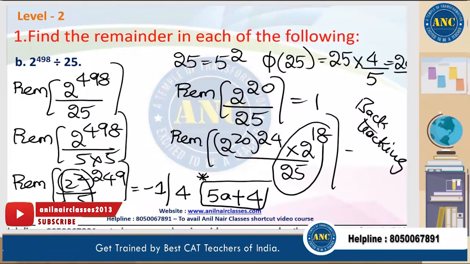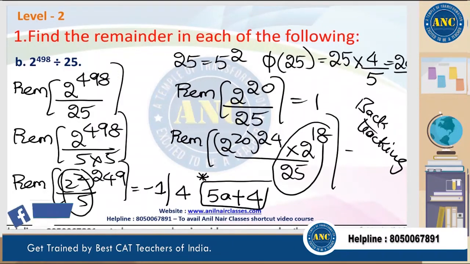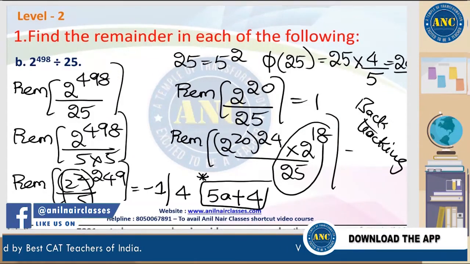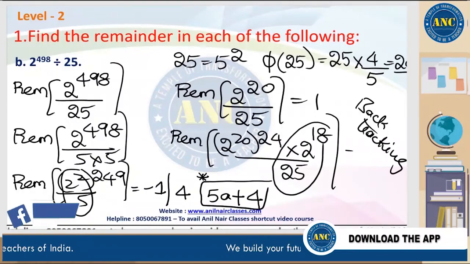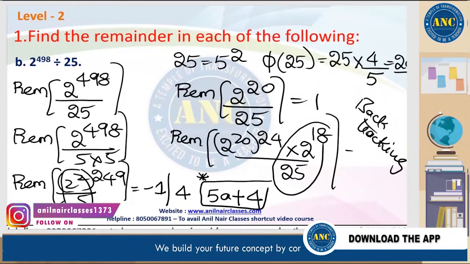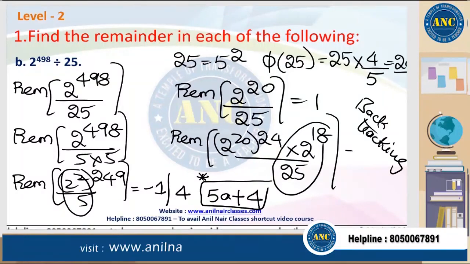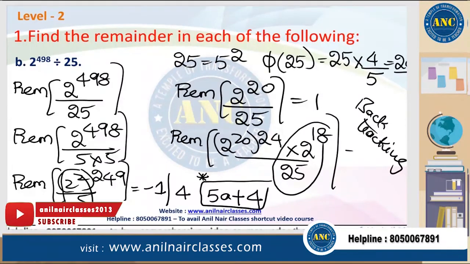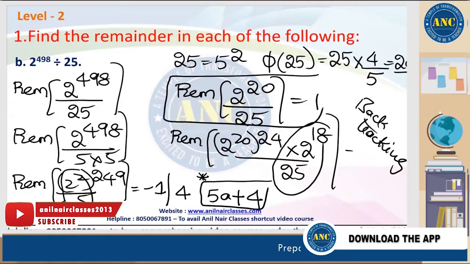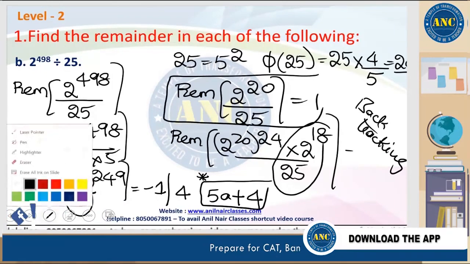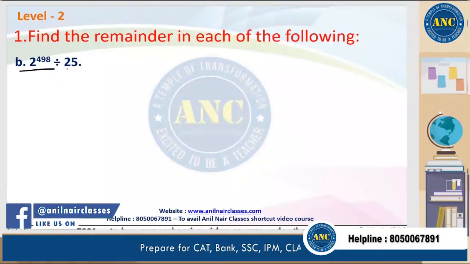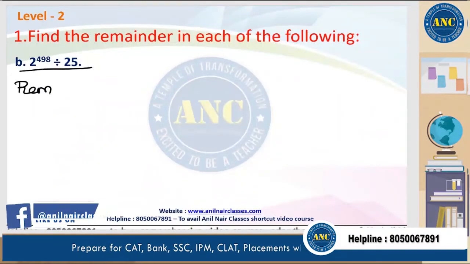All concepts, methods, patterns which come in your examination, elimination approaches, standard approaches, clever approaches, smart approaches, all together, clearing a competitive exam in the first attempt is an orchestra of all these things. Now, how to solve 2 power 18 by 25? See how I am solving this question. Just learn from me how to solve difficult questions.